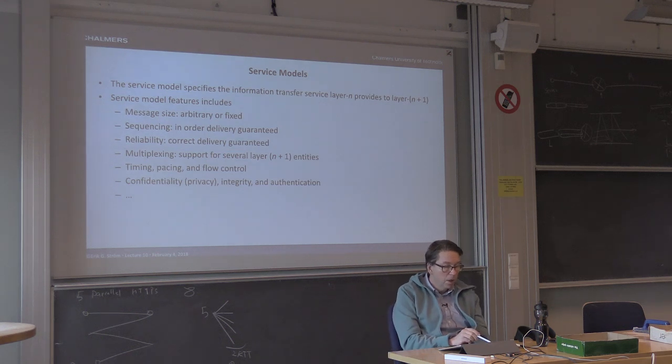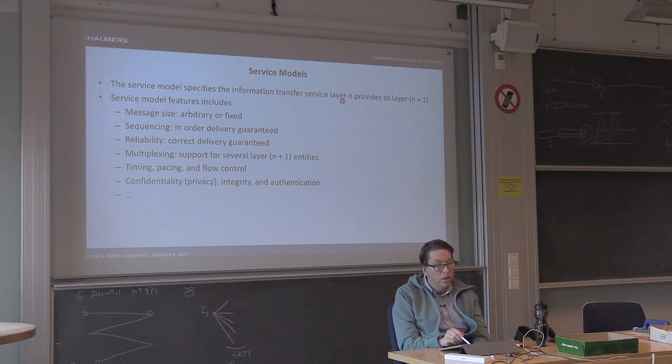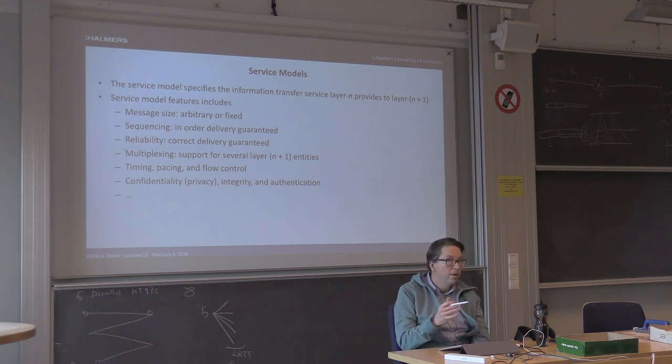So again, a service model, one can call it, specifies the information transfer service that layer n provides to layer n plus 1. So the service model explains exactly what that service does, right? What are the properties essentially, and maybe it's more clear here.